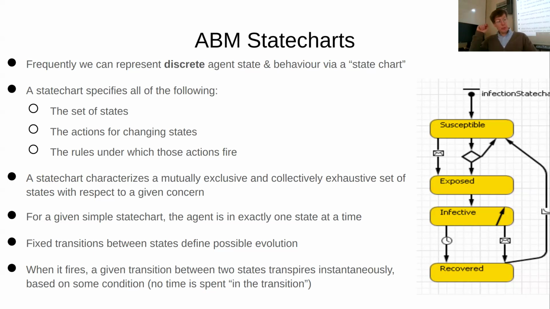But another common mistake is to label as a state something that's conceptually a transition. So they might create a state for something like under recovery, and they show it as a state, but what they really mean is a transition between two states.